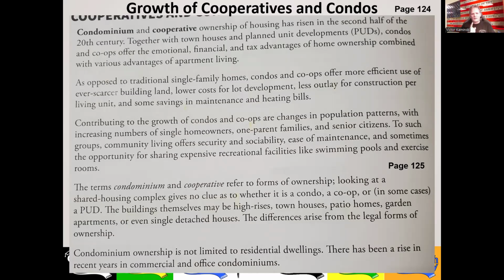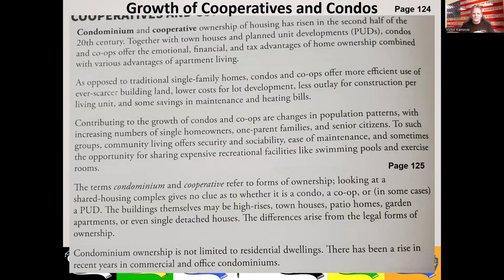So the terms condominium and co-op refer to the forms of ownership. And simply looking at a complex, you've got no idea what form of structure it is other than reading the sign, if it says condo or co-op on it, which is short for cooperative.